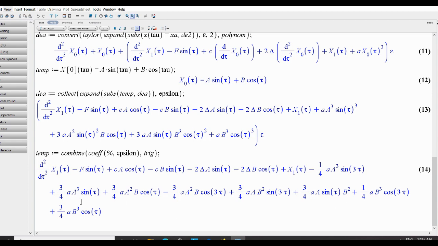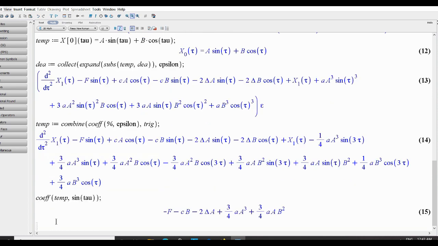And when I study the forcing terms, I can come here and I can say the coefficient in temp of sine tau, and I get something here, and I say the coefficient in temp of the cosine of tau.